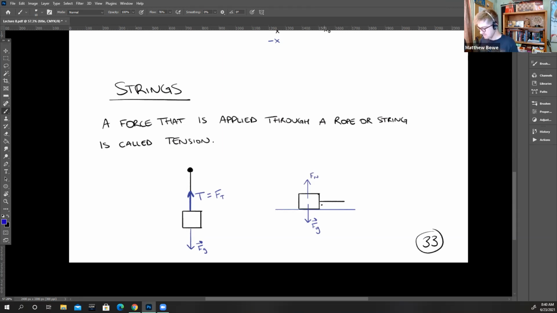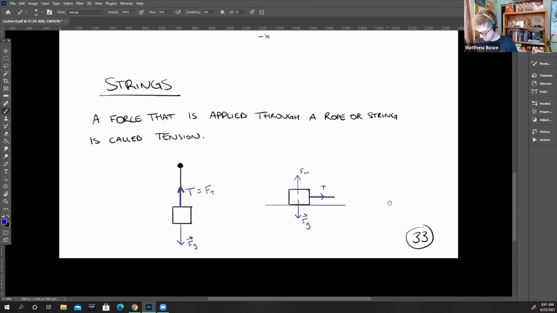And let's say this block is being pulled with a specific force through the rope, and that is a tension to the right. All right, so that's a way to think about forces in a string. They just follow the path of wherever the string is going.